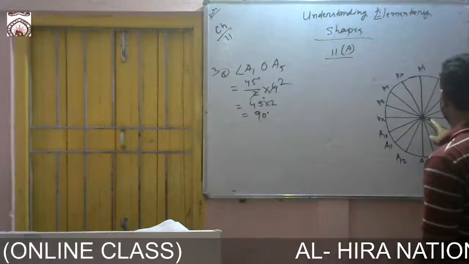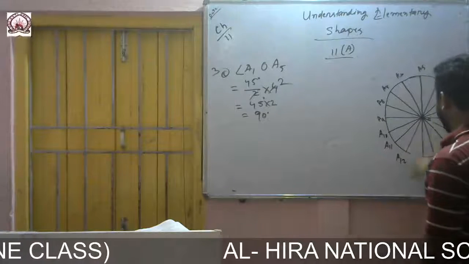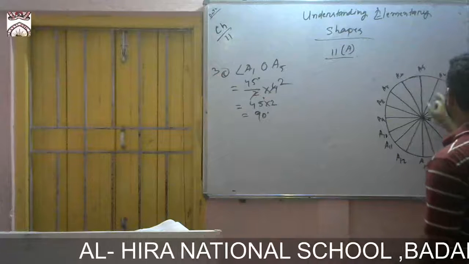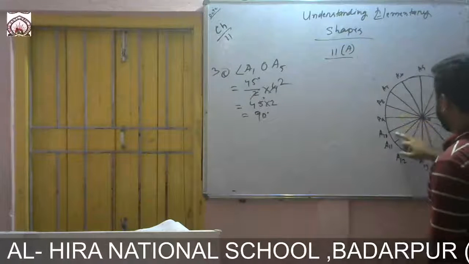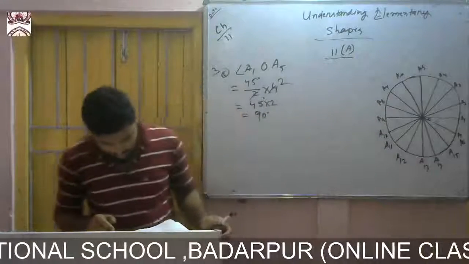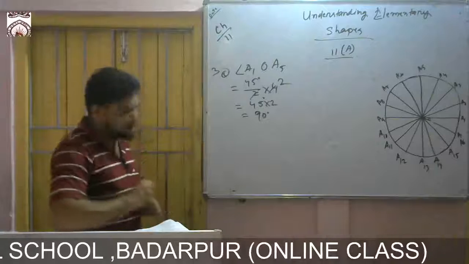So you see O, A1, O, A12 here. To reach A12, how many? 1, 2, 3, 4, 5, 6, 7, 8, 9, 10, 11.